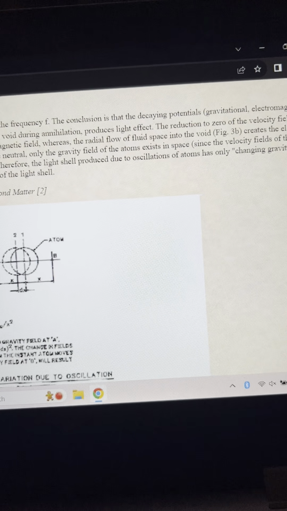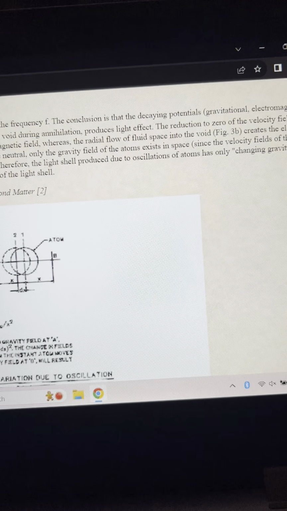The conclusion is that the decaying potentials, gravitational and electromagnetic, of electron in space, or de-energization of the universal space due to the collapse of the void during annihilation, produces light effect. The reduction to zero of the velocity field in space associated with the electron during its existence due to annihilation creates magnetic field, whereas the radial flow of fluid space into the void creates the electric field.